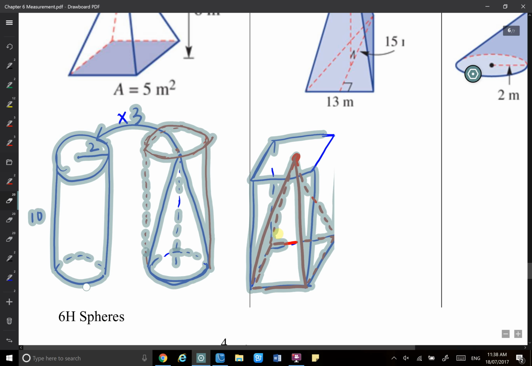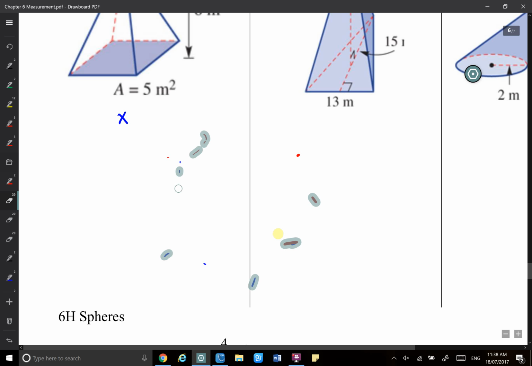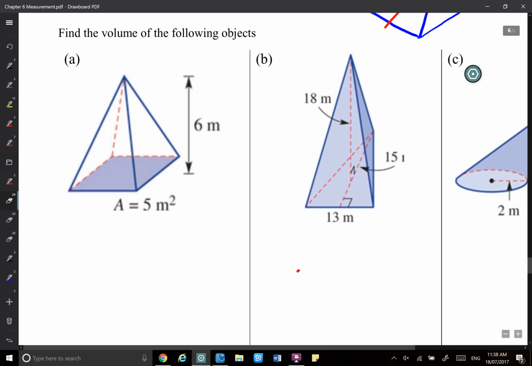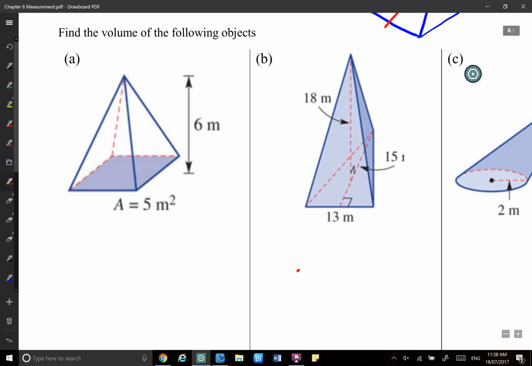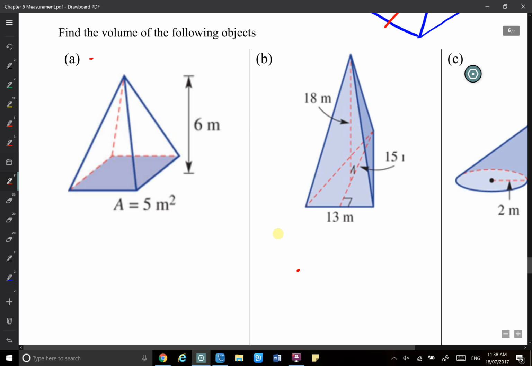I'll sketch the uniform cross-section one for you. So that is a pyramid. Okay, that is a pyramid. So if I use red, sketch that.